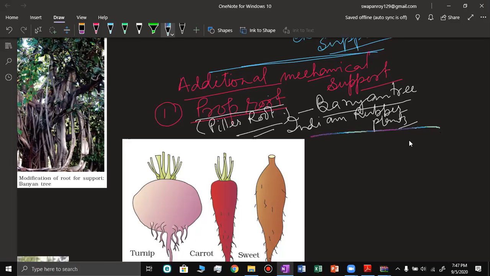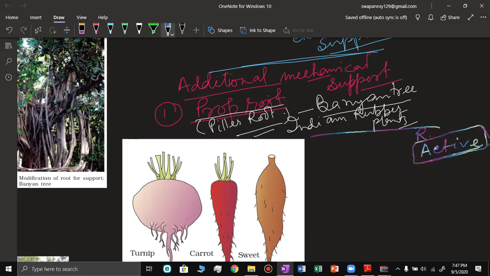Actually, the root cells are living. There are some processes we call active processes, like a plant absorbing minerals and water.